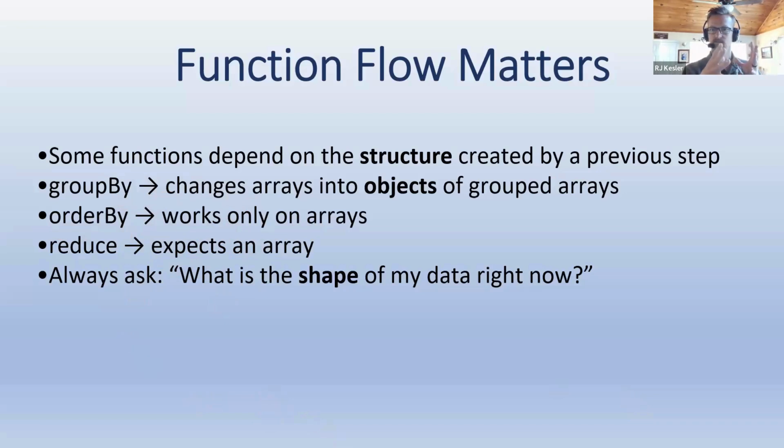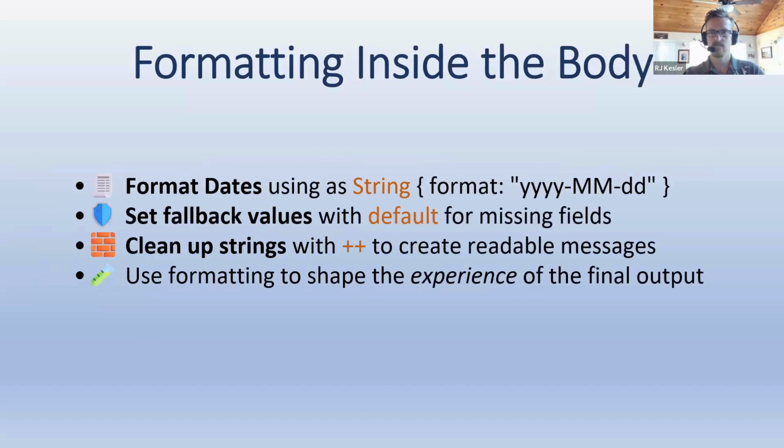It's all a matter of putting it in at the right place at the right time. Basically, the point is your data changes shape after each function. You've got to know what the structure looks like after each step, or your next function may not behave the way you think it will. That's pretty much the gist of that.